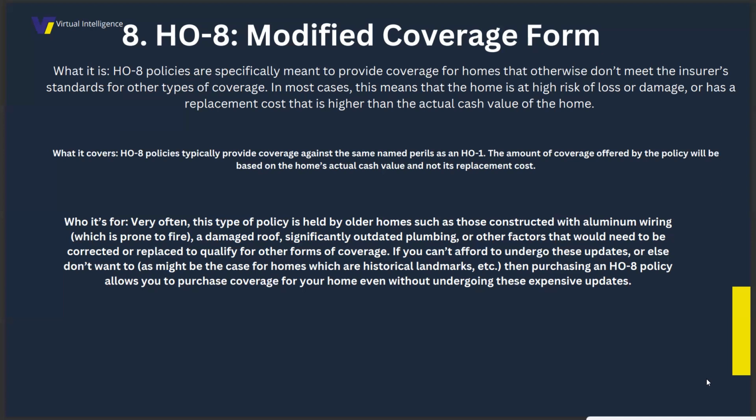If you can't afford to undergo these updates or else don't want to, as might be the case for homes which are historical landmarks, then purchasing an HO8 policy allows you to purchase coverage for your home even without undergoing these expensive updates.